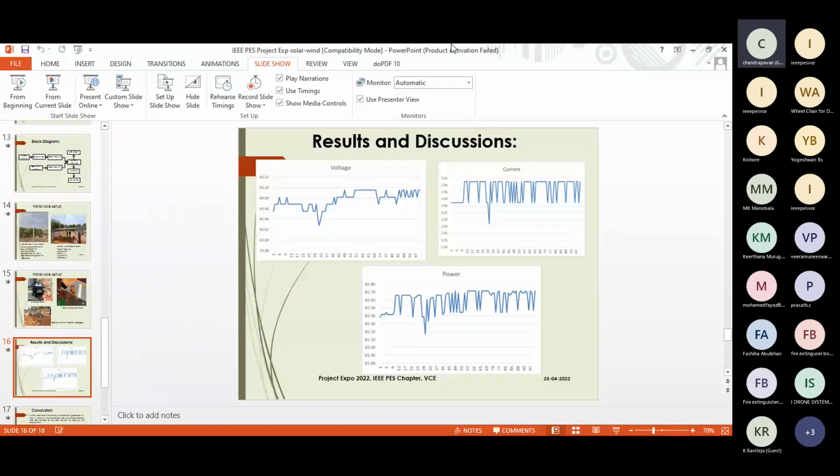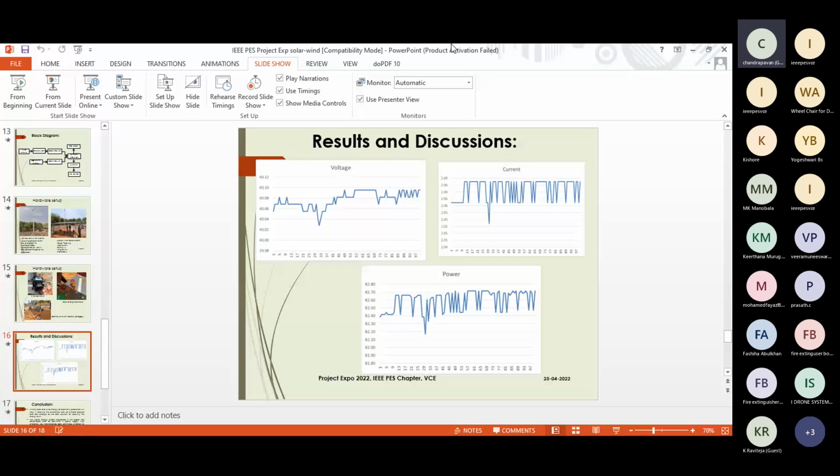Coming to the results and discussion, my groupmate Narasimha will discuss it. Hello, sir. As my friend discussed the hardware setup and block diagram, here I am going to discuss the results and conclusion of this project. Here are the waveforms of different voltage, current and power. You can see that for every 4 minutes we have drawn the waveform of voltage and current.